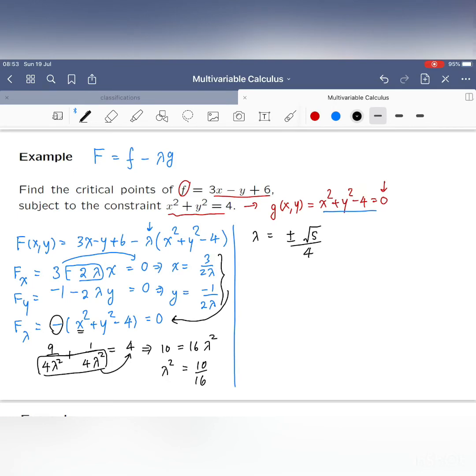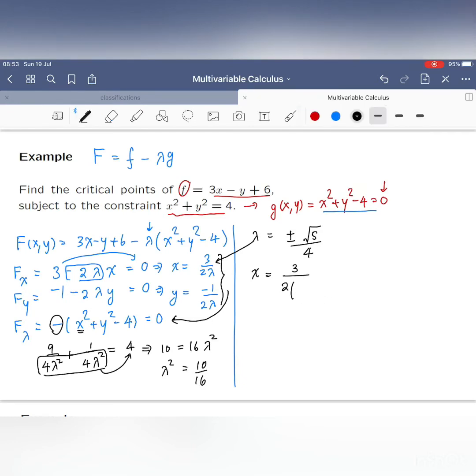So it means that your x, when you plug in your lambda over here, is 3 over 2 times plus or minus the square root of 5 over 4. Let's do it one by one.